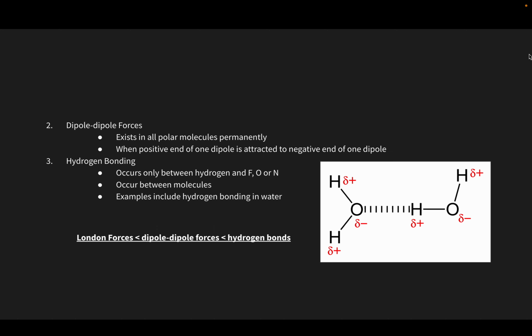And as you might see on the picture on the right side, you can see water molecules, and as you might understand, water molecules have both dipole-dipole and hydrogen bonding.